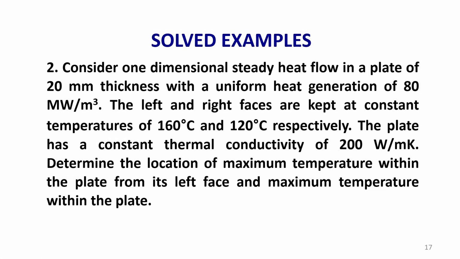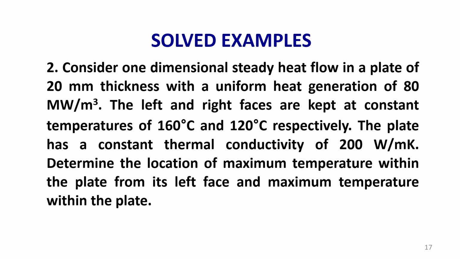Now let us move to the second question. Consider one dimensional steady heat flow in a plate of 20 mm thickness with a uniform heat generation of 80 megawatt per meter cube, that is 80 into 10 power 6 watts per meter cube. So for one cubic volume, this much is the internal heat generation. The left and right faces are kept at constant temperatures of 160 and 120 degree centigrade respectively.